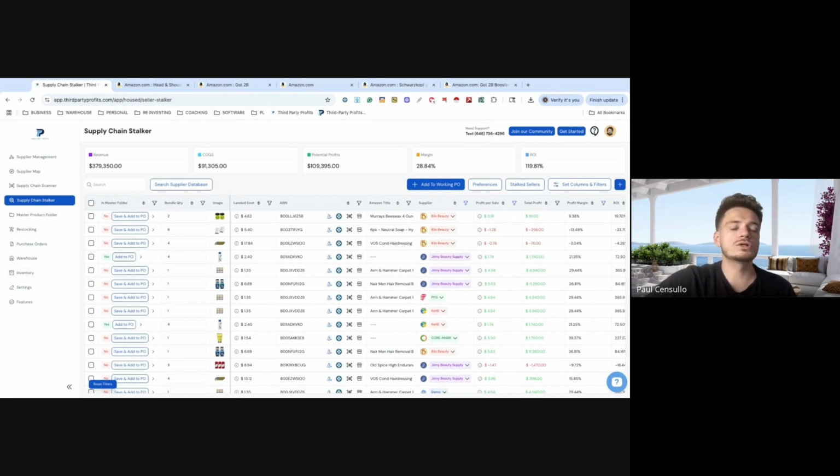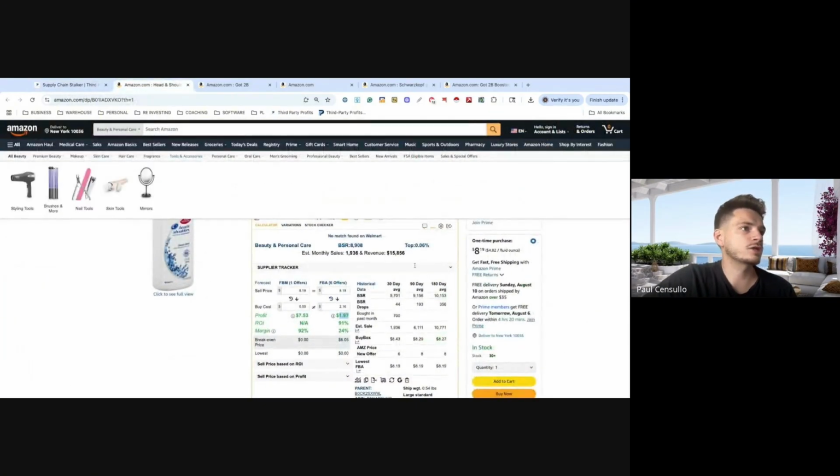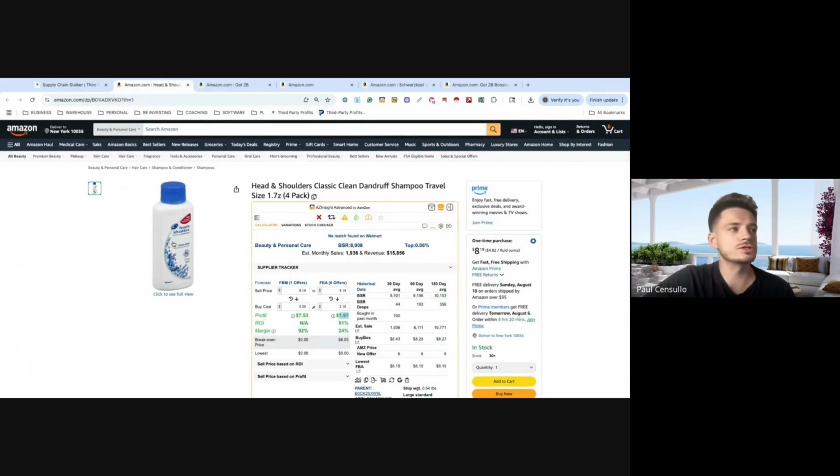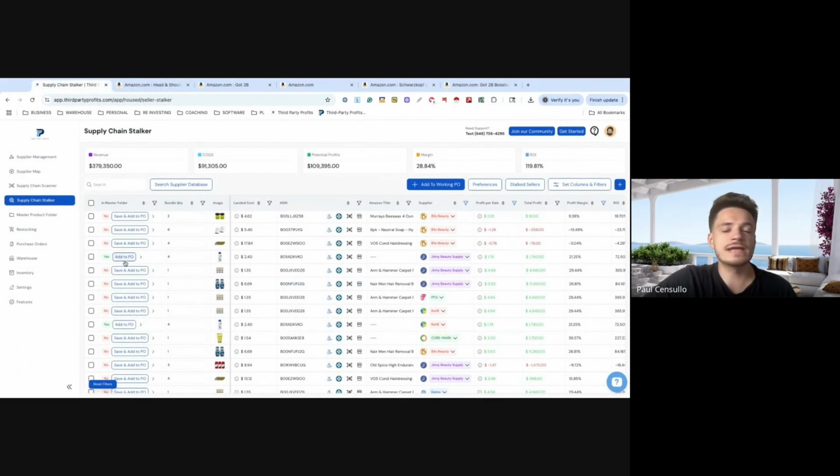What might cost you $1 for a glass product is different for this type of product, a 4-pack travel-sized Head and Shoulders. It's a relatively small item and a lot easier to prep, so it's not going to cost the same. So once you save that item and attach it to a prep type, it deducts any prep and any shipping that you have set in the software.